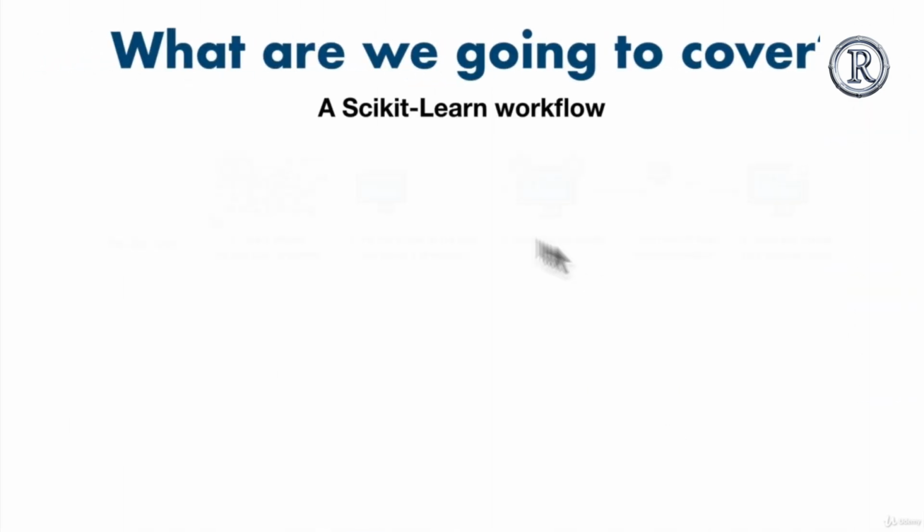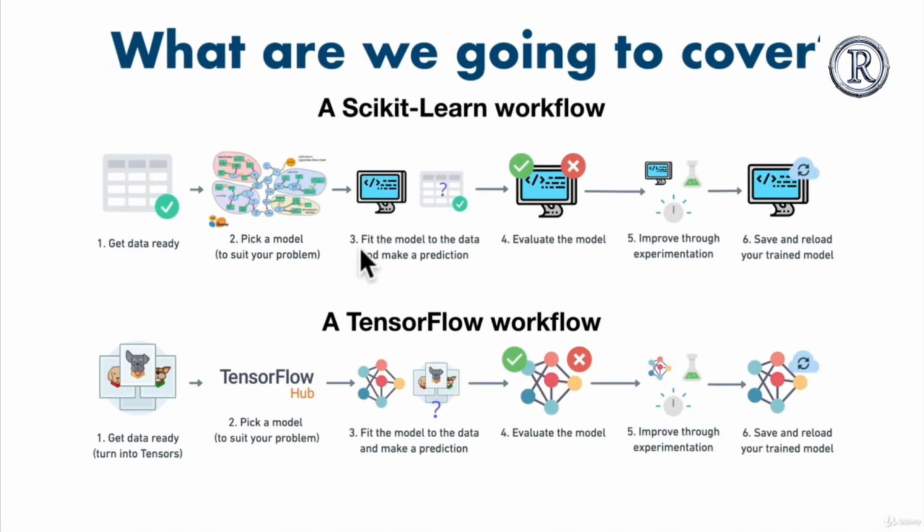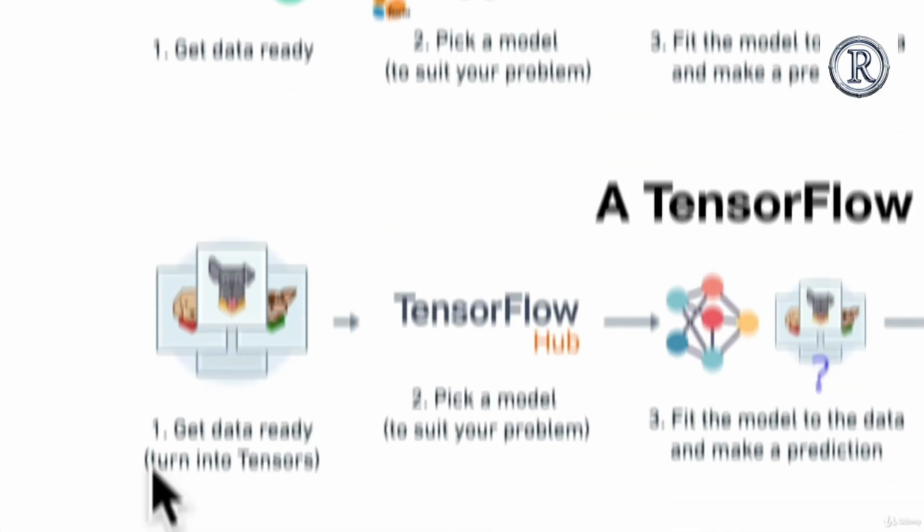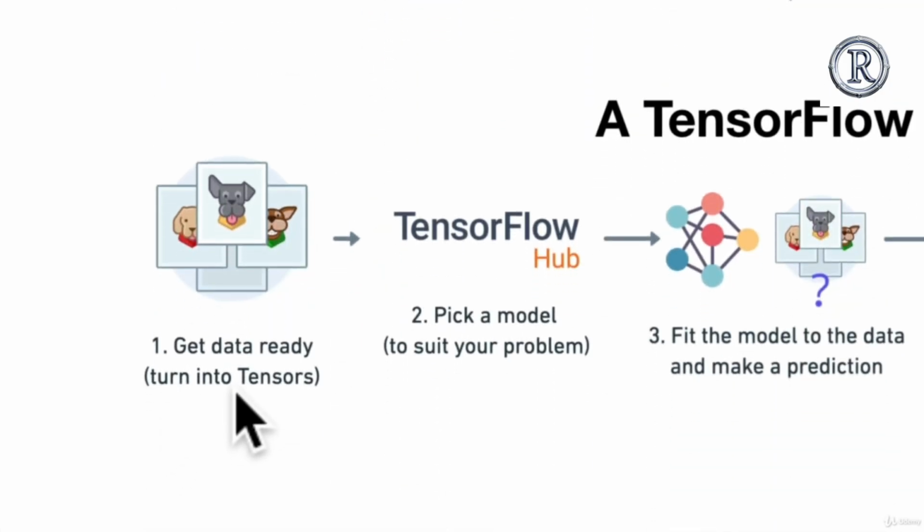And more specifically, what are we going to cover? Well, if you remember our scikit-learn workflow, our TensorFlow workflow is very similar. We've got to get data ready, but this time it's unstructured data rather than structured data. And this is the main premise here, and I will stress this until I go hoarse: getting the data ready is essentially just turning our data into tensors, hence TensorFlow.